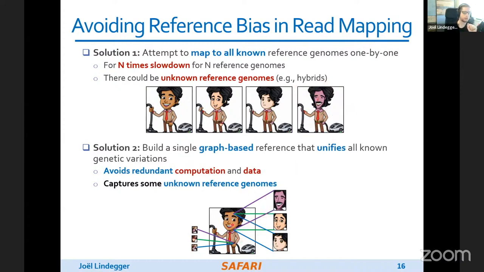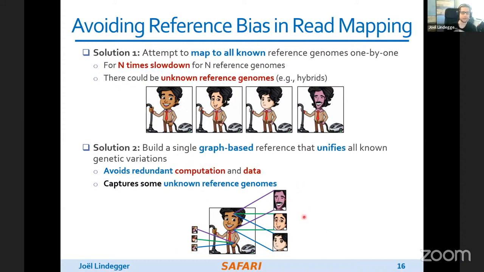For example, we could have a purple face combined with these very light skin toned hands. So we're getting all combinations of possible reference genomes all of a sudden from all known variations. And this is much more comprehensive than just these 4 known reference genomes. And it's also much more efficient because all of the redundancies are gone.